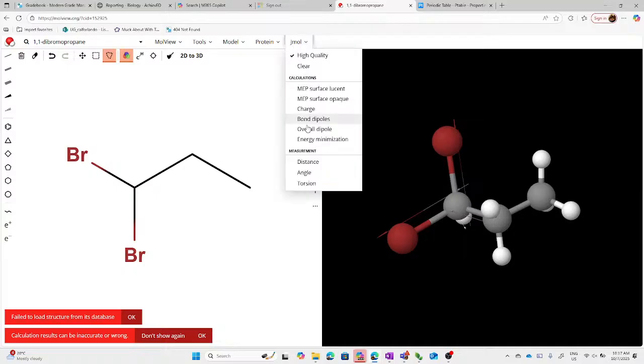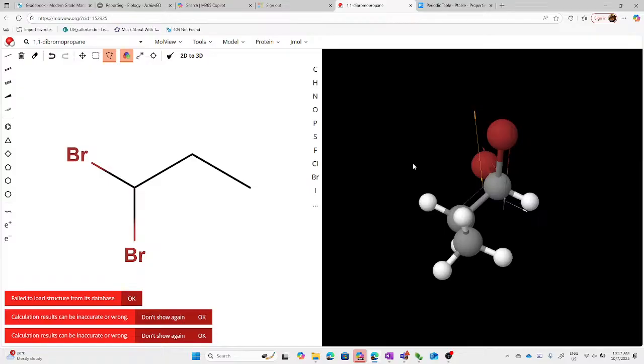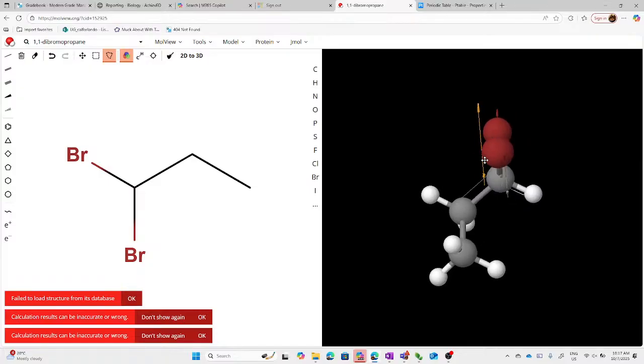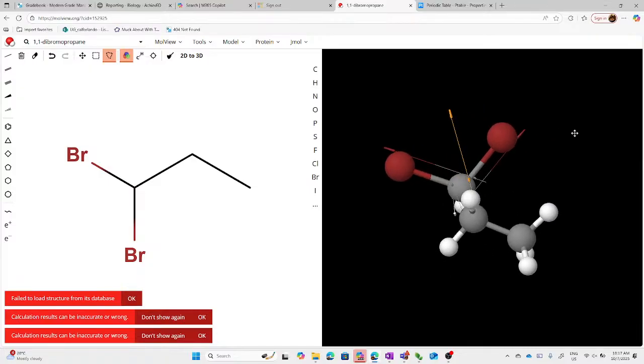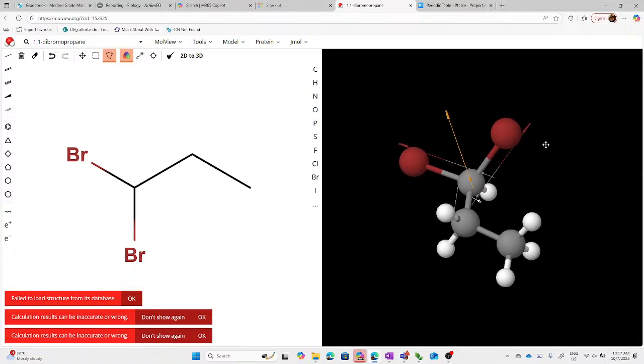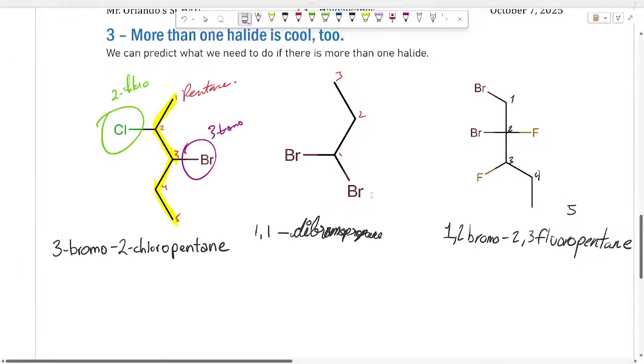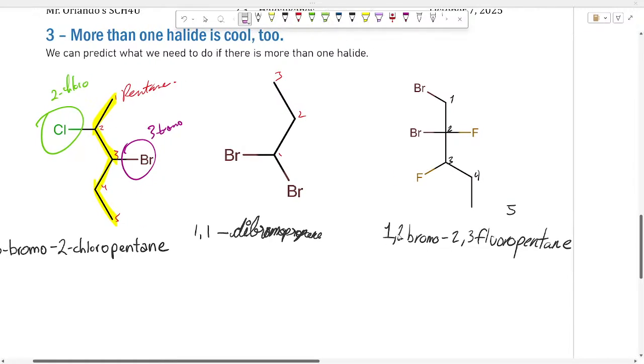And so if we do an overall dipole, it's going to go in the direction of these. Does that make sense? Can we all see that? Is that cool? Any questions about that? All right. So it's still a polar molecule.